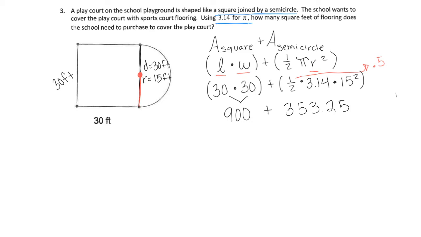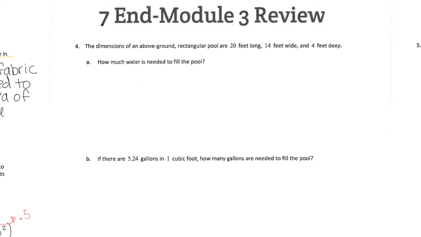Now, go ahead and add both of these values together, 900 plus 353.25, and we are going to get 1,253.25, and we still need our unit of measurement, which is feet, and because we're talking about the area, it is squared.